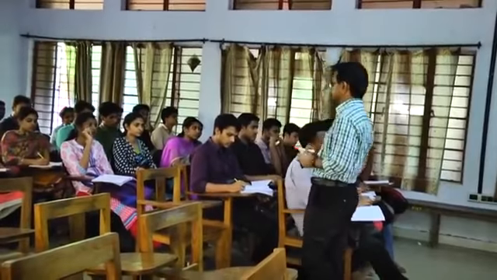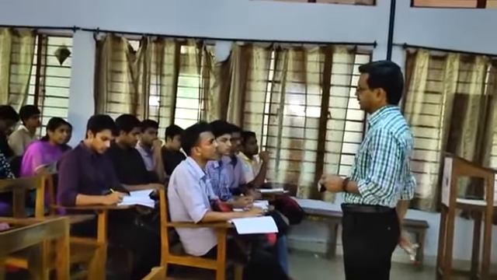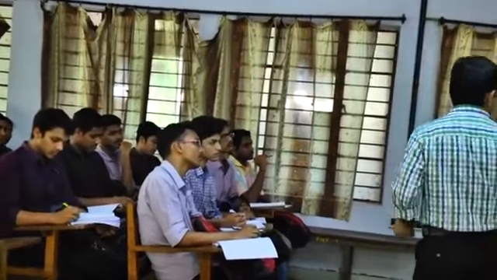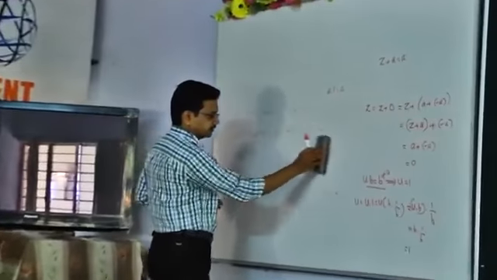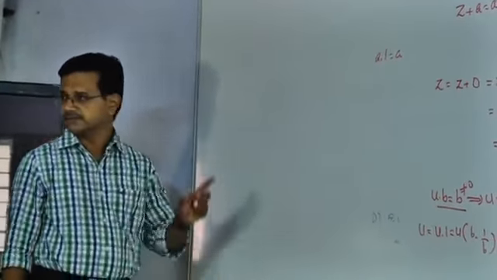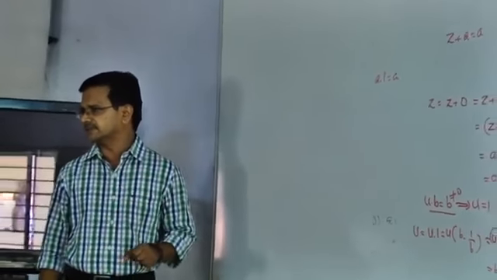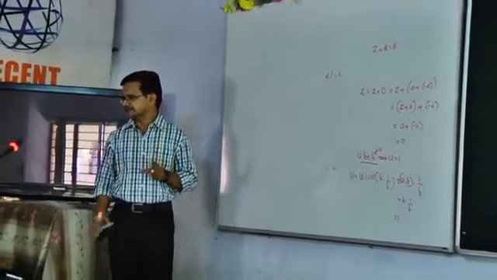So these are the algebraic properties of R, totally 9 algebraic properties. Next, we can define subtraction and division by using the algebraic properties and the two operations, addition and multiplication.